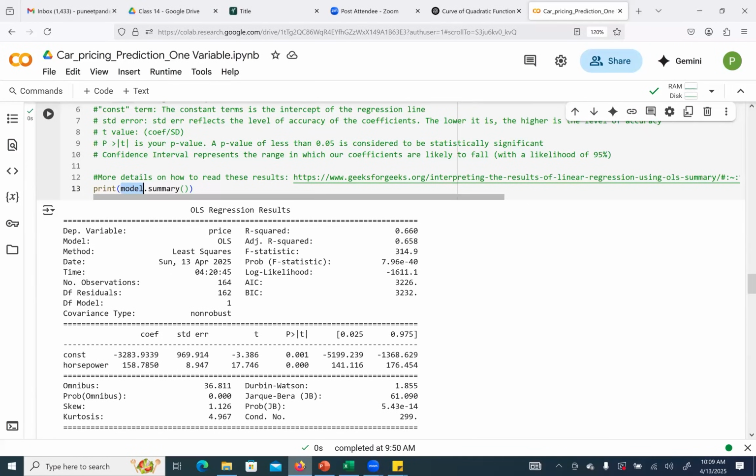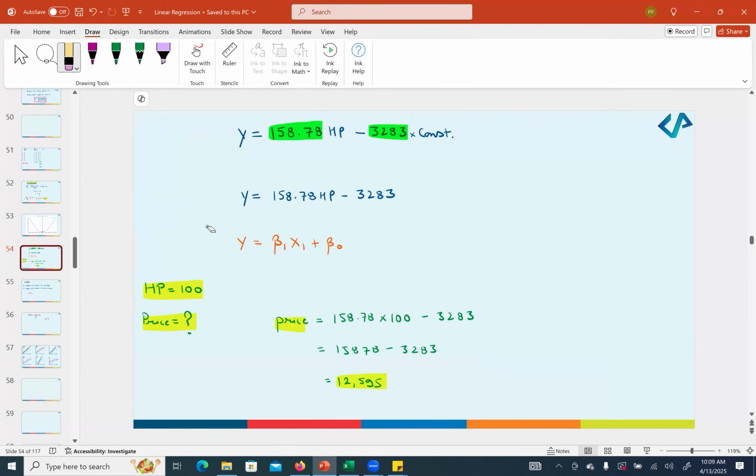In the code, we are rejecting this first coefficient, minus 3283. Why are you saying that? For example, here I have not rejected this, I'm keeping it.